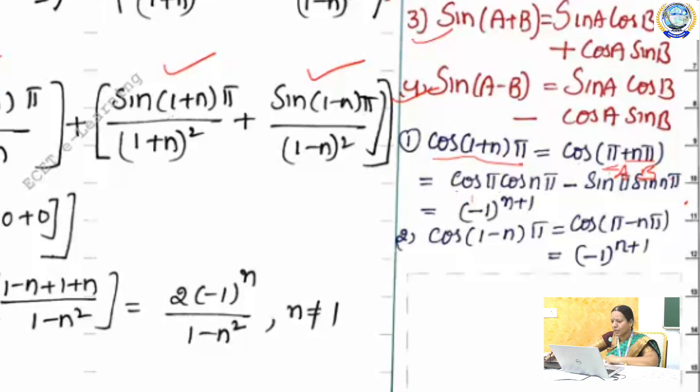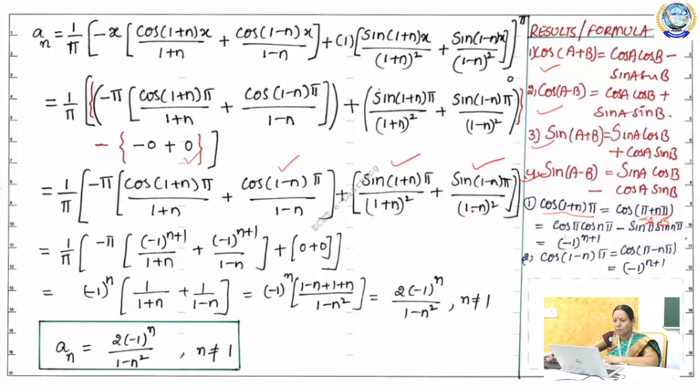Now, substituting those values, cos pi is minus 1, and cos n pi is minus 1 power n. We get minus 1 power n plus 1. Sin pi sin n pi is nothing but 0.